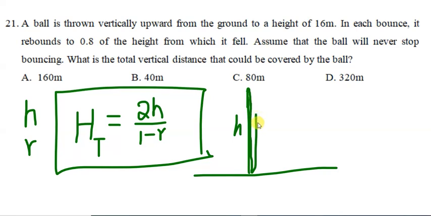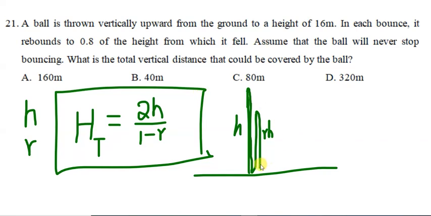Again, here R times this height. Then again it returns back. This height is H, and this height must be R times H, because the question says in each bounce it rebounds R times, our R in this case is 0.8, the height from which it fell. That is what the question says.